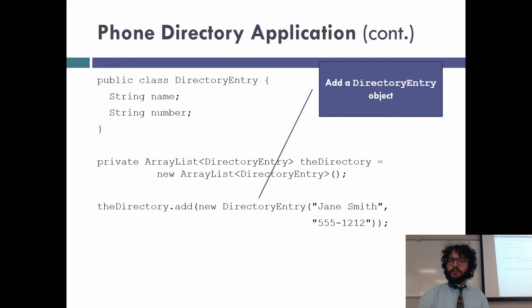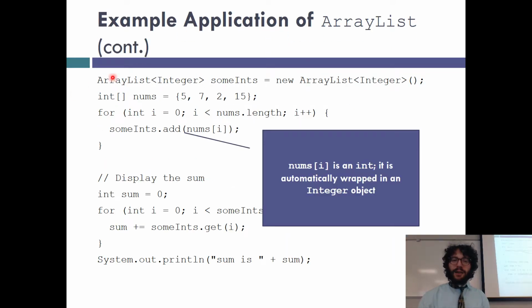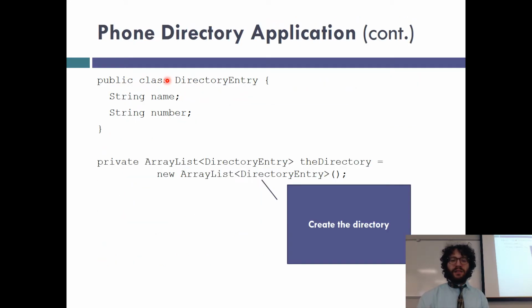Yes. So can you add just Jane Smith and those numbers without new directory entries, since you could do it in that other example with integers? Well, you can add it to integers over here because these are integers. But since this is a list that holds directory entries, and a directory entry is 2 strings, that want to be held in the same slot together because they need to be kept together, then this is the way to do it.